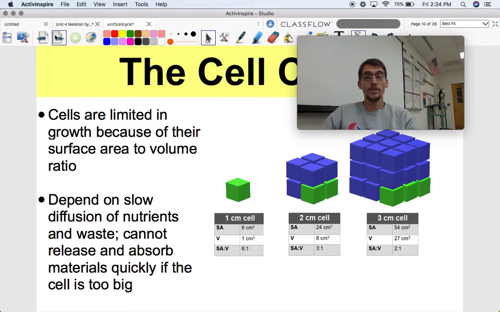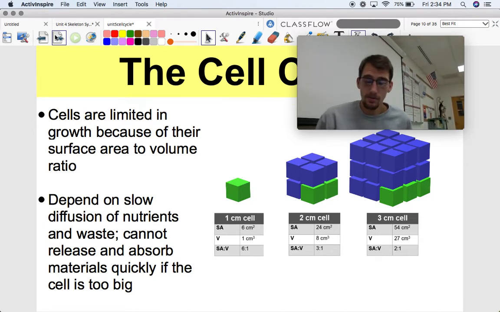Now, your surface area to volume ratio is something that you might have calculated maybe in elementary school or middle school. To calculate the surface area of a cube, you multiply the side length, square it, and then multiply it by 6 to find the surface area of the cube.